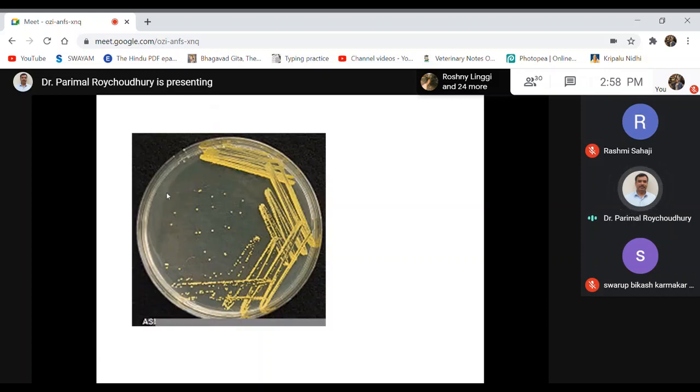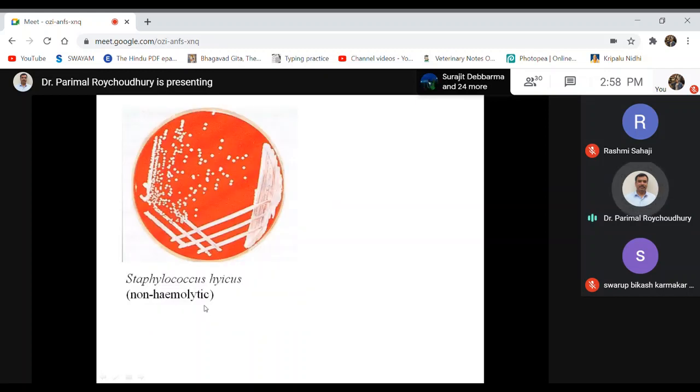Similarly, this one is the plate of Staphylococcus aureus. It's a common pathogen causing the disease mastitis, and most of the time we suffer from acne and some abscesses on the skin and face. And this is the organism which is responsible for that. And this is another species of Staphylococcus.